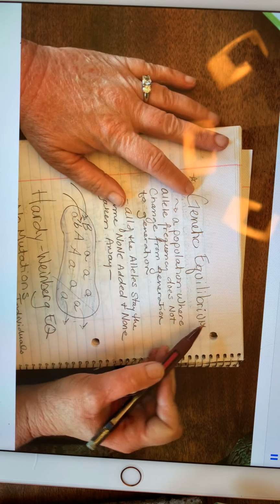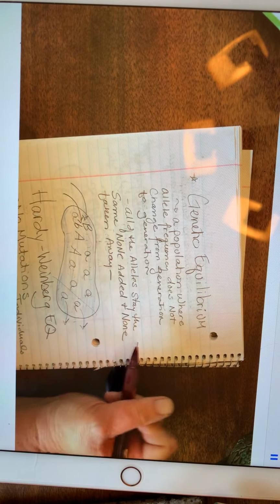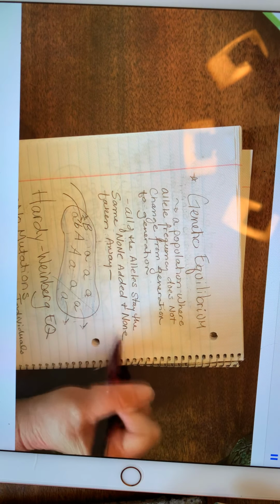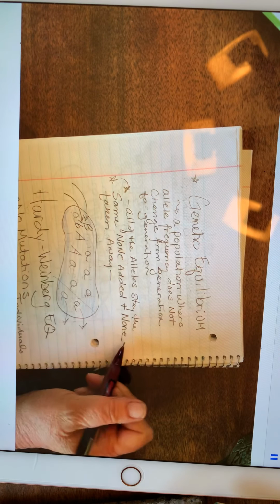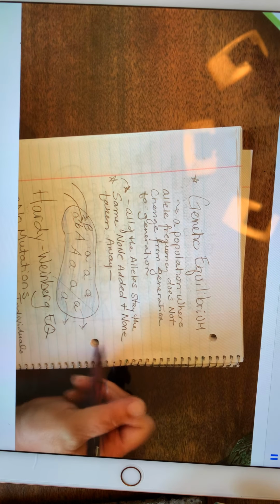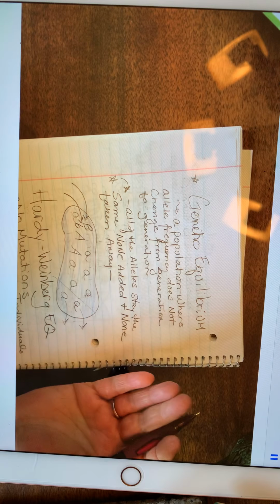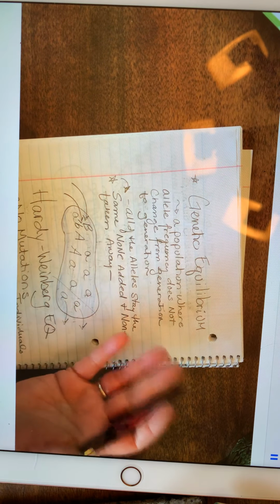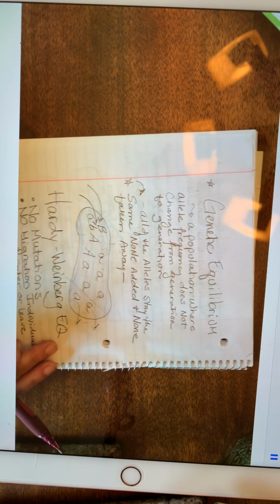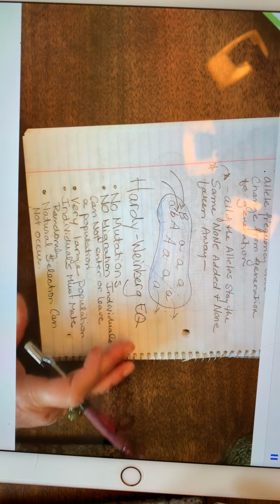So basically what they're saying is in this hypothetical population, all of the alleles are going to stay the same. We're not going to add any alleles. We're not going to take any away. They're all going to equally reproduce. So we're always going to have the same allele frequencies from generation to generation.